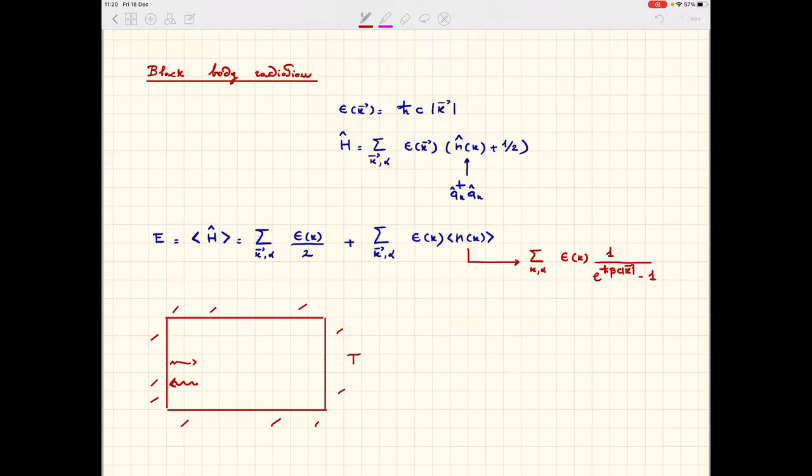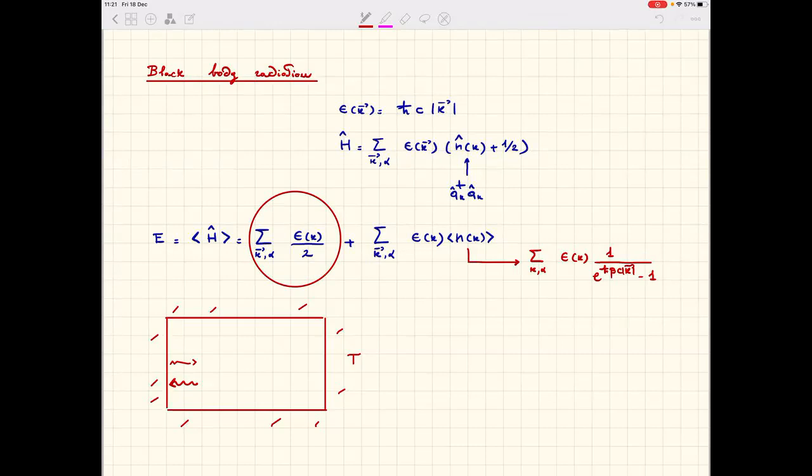Sorry, Professor. Do you mean that we have mu if N is fixed? Mu is formally, in mathematical terms, a Lagrange multiplier.